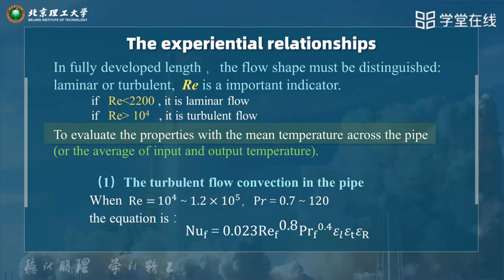We evaluate the properties with the mean temperature across the pipe. Mean temperature. Because when we calculate the Prandtl number and Reynolds number, we have to use the temperature. In this case, we use the mean temperature.